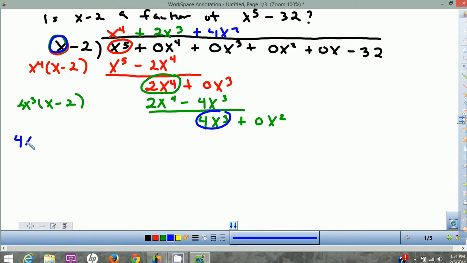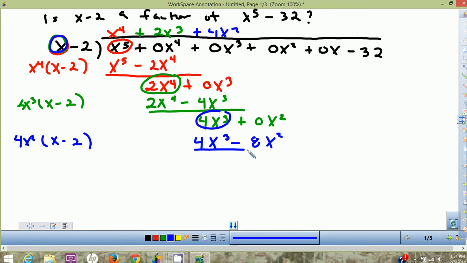Multiply 4x squared times x minus 2. And we get 4x cubed minus 8x squared. It's a little monotonous on a problem this long. And we subtract. 0 minus 8 is 8x squared. Bring in your next term, 0x. And we're ready to start our process over again.